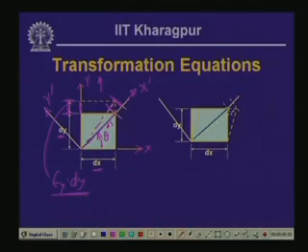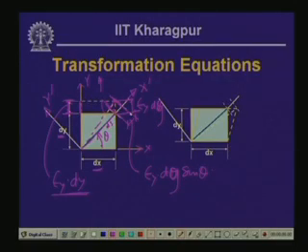Now this angle is theta, thereby this particular angle also is theta.